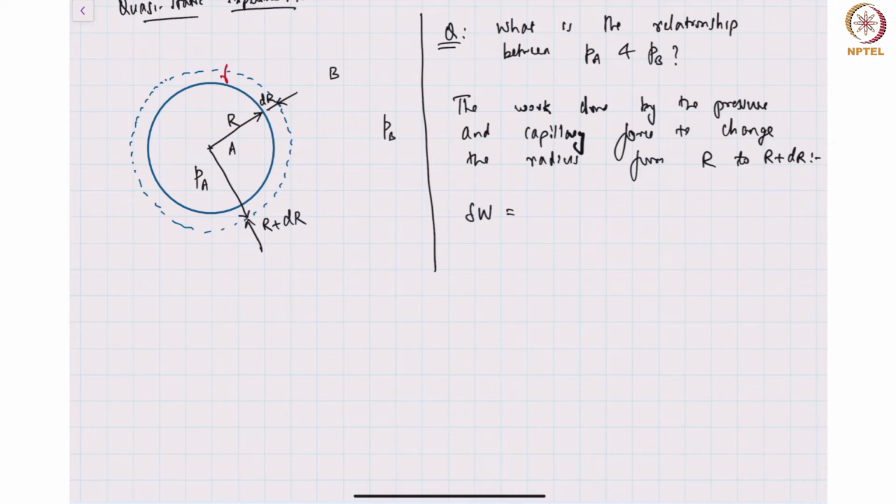I'll write it as delta W. This quantity is equal to minus PA dVA, because you are increasing the volume, changing the volume of A. You are also consequently changing the volume of B.